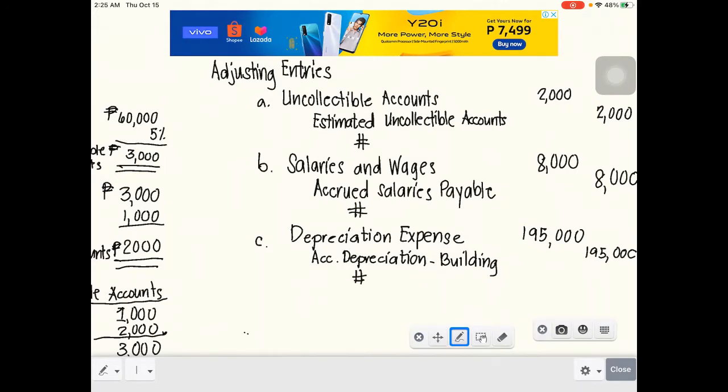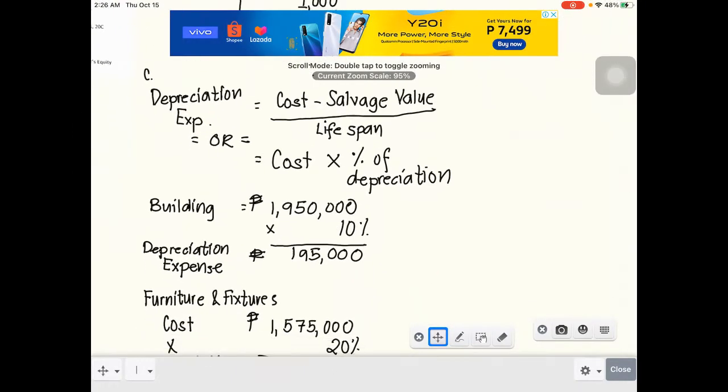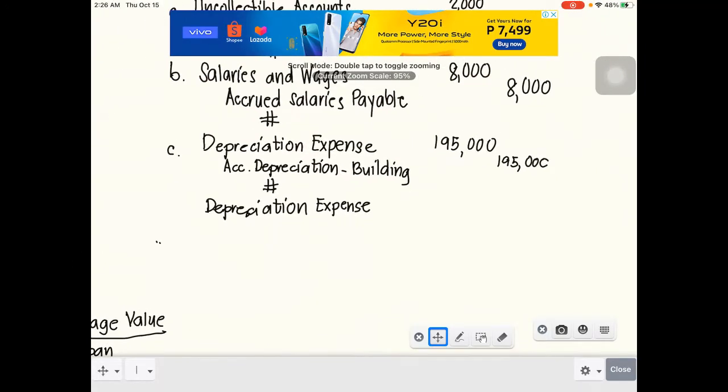So that's for the first one. For the second one, depreciation expense, how much was it? Was it 315? 315,000. Then accumulated depreciation furniture and fixtures.